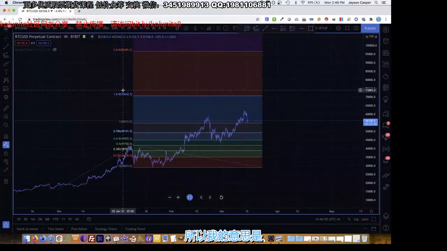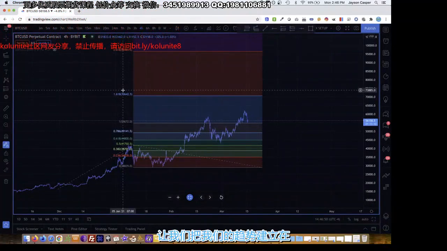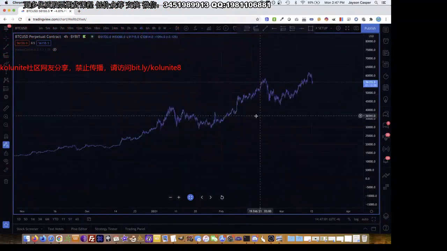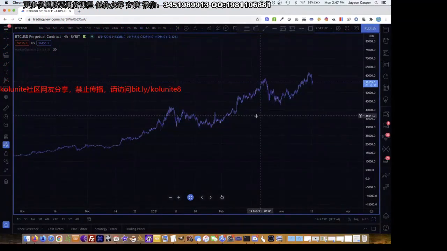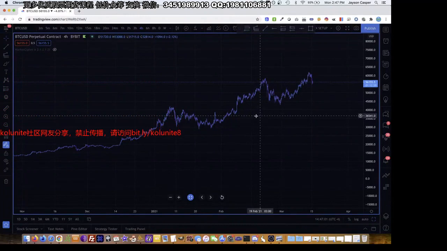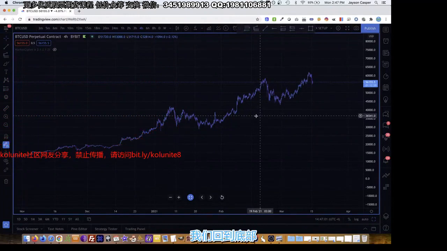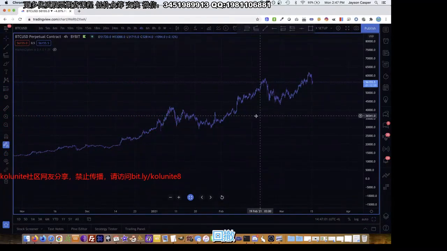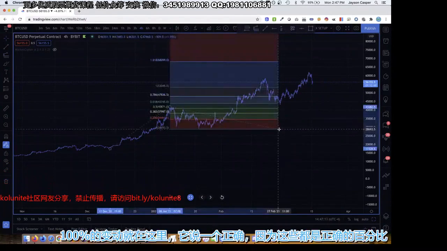So what I mean by that is, let's get our trend-based fib extension out. We're going to go from our swing low to our swing high, and we come back down to the bottom of that retracement, and 100% of the move is right here where it says 1.